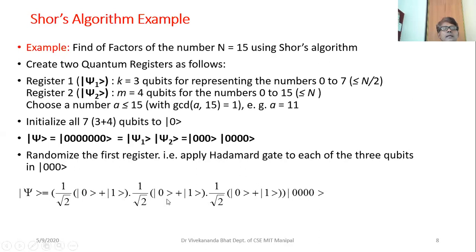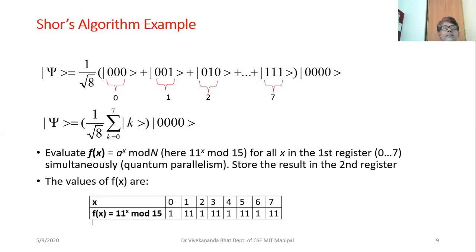Similarly ket 0 ket 0 ket 1, ket 0 0 1, in decimal that value is 1, etc. You will get 8 terms representing the decimal integers 0 to 7. So that is what I have represented here.